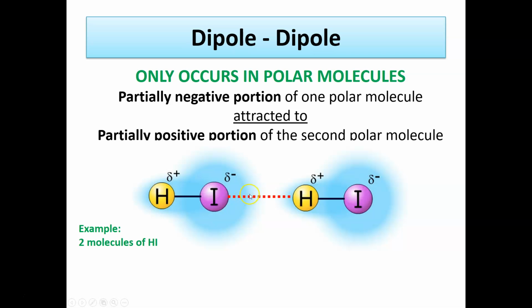And so this electrostatic attraction won't disappear like a London force does. This will always exist. And so a dipole-dipole is much stronger than the London force because it's a bigger difference in charges and because it's permanent. A dipole-dipole force is a little bit stronger than a London force.